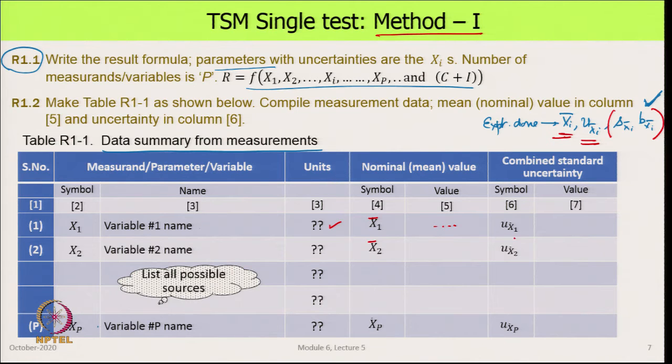Similarly, for the combined standard uncertainty, we write u x 1 bar and write its value. We then repeat the same thing for the second variable x 2 bar, write the values there, u x 2 bar, write all the values there. And that way we list all possible sources, all the instruments, all measurements.